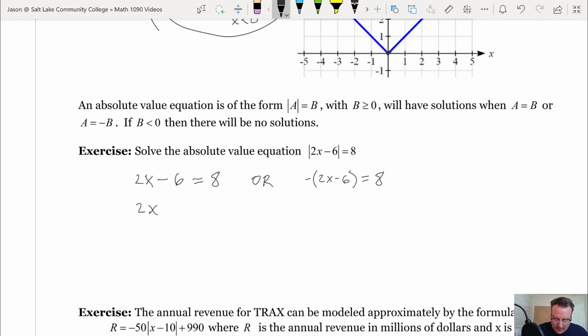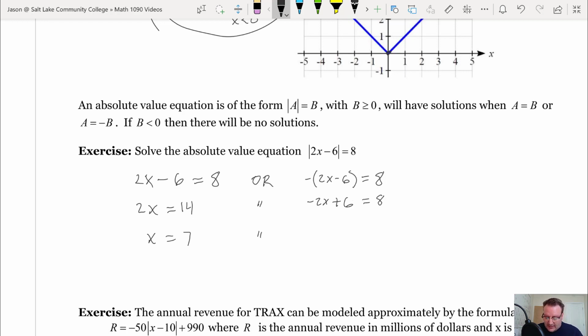So we have 2x minus 6 equals 8. Add 6 to both sides of the equation, we get 2x equals 14. Divide both sides of the equation by 2, and we get x equals 7. I'll use this little double tick mark to indicate I'm just repeating the word or. And let's simplify over here. Here we get negative 2x plus 6 equals 8.